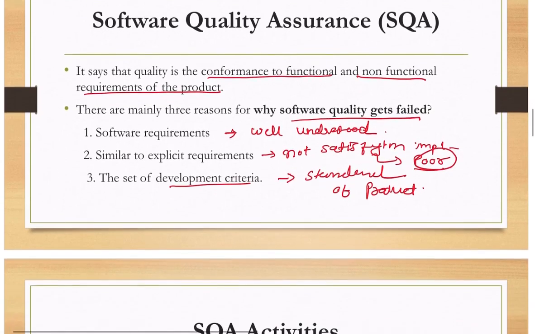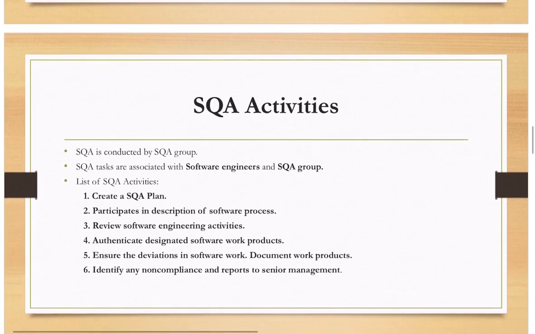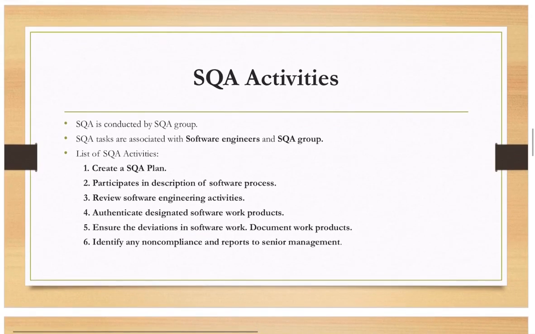Now, what are the activities involved in SQA? SQA is conducted by the SQA group, that is the Software Quality Assurance Group. SQA tasks are associated with software engineers and the SQA group. Now, the list of SQA activities. First, create an SQA plan.